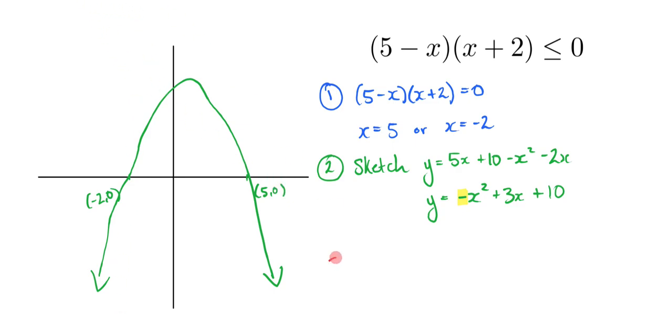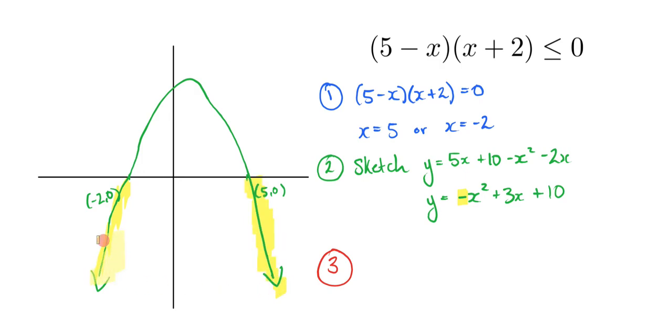So now when I come to step number 3, determining which x values I have, I'm going to figure out where it is less than or equal to 0. So if it's less than or equal to 0, I'm looking at everything below my x-axis. So it's going to be everything here and everything here.